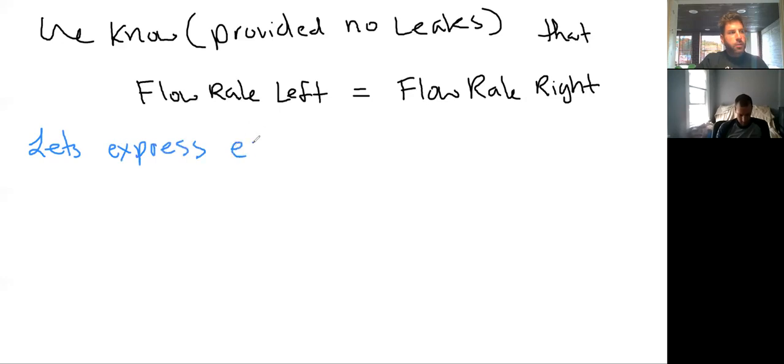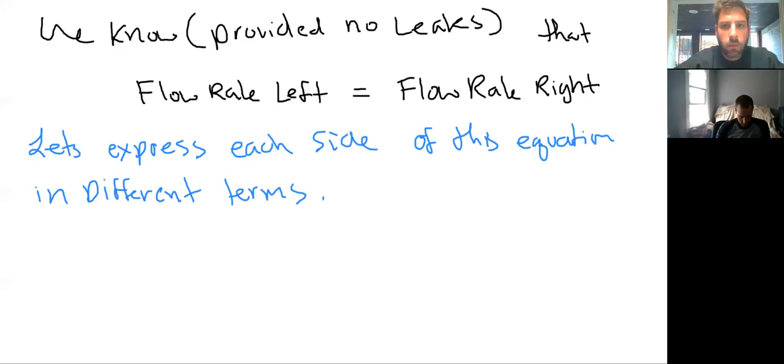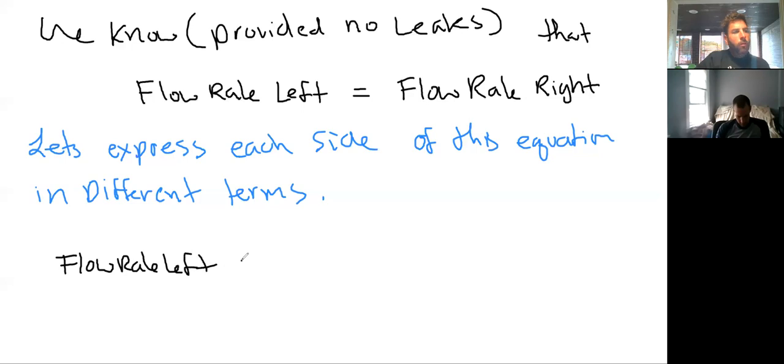Let's express each side of this equation in different terms. Let's look at the flow rate on the left. What is it equal to? Well, we know it's equal to the volume over time.